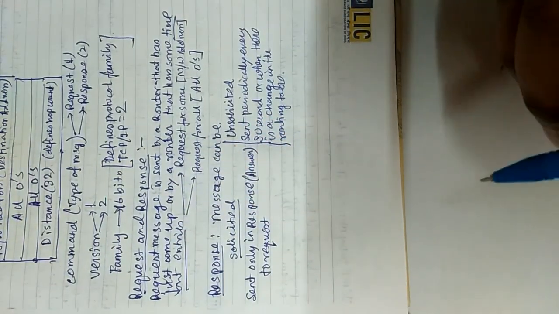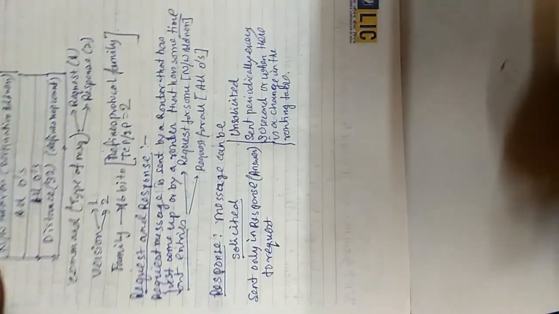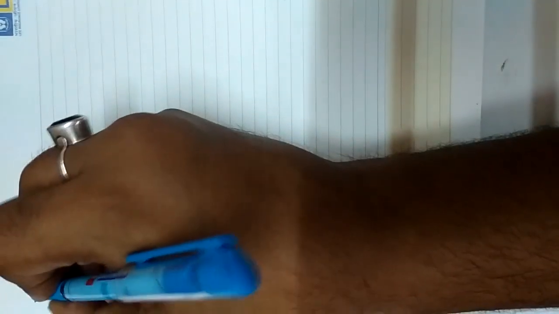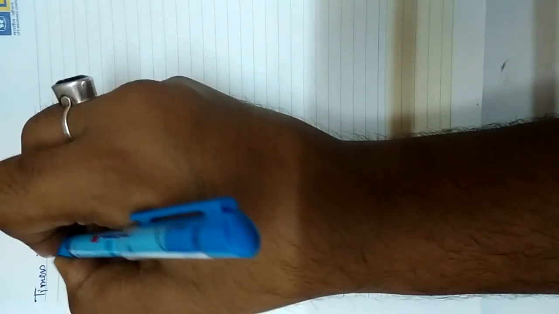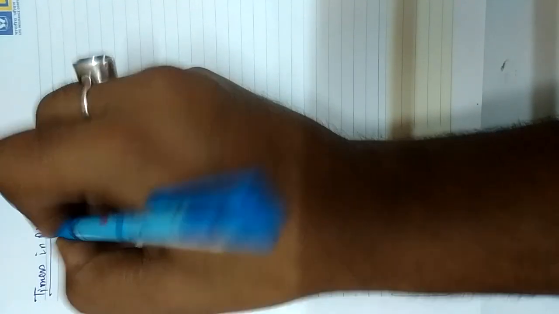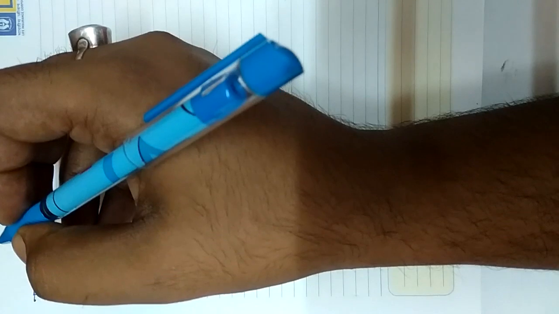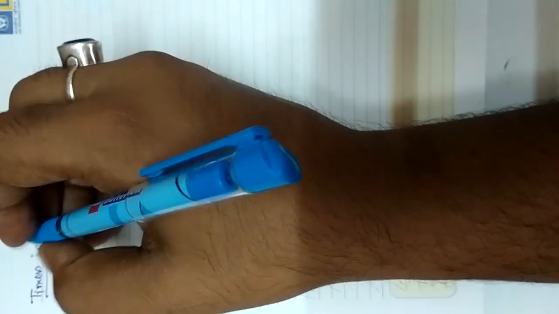Next we will study about the timers in RIP. Timers in Routing Information Protocol. So there are three types of timers. First one is periodic.